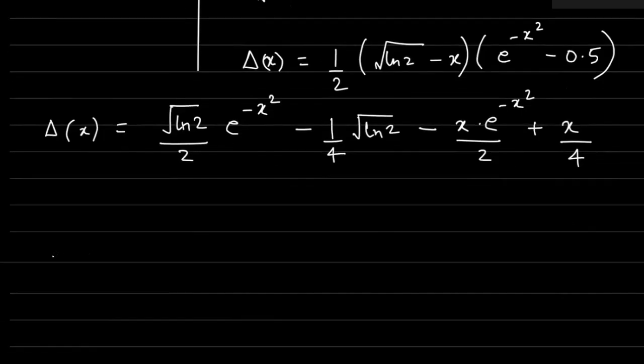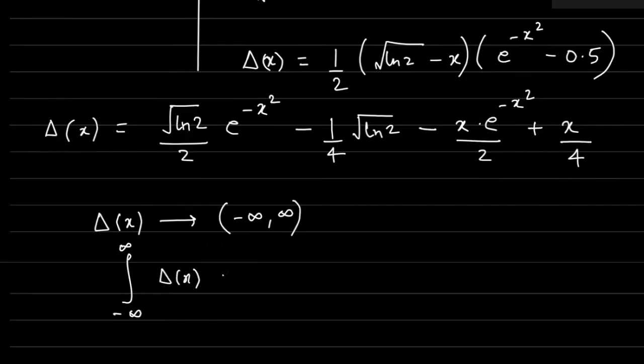Now, in the question, they are saying that this delta x is only ranging from minus ln2 to ln2. So extend its range from that to minus infinity to infinity, and we need to evaluate this integral: delta of x plus root of ln2 by 4, dx.